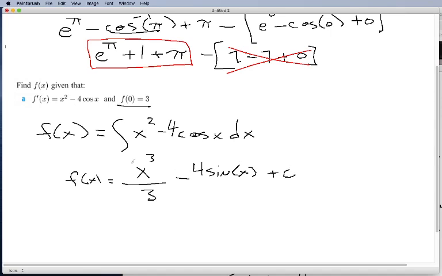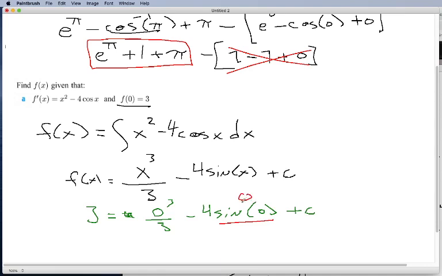We learned this. So you should make your f of x equal to the given value, 3 equals 0 cubed over 3 minus 4 sine of 0 plus c. Unit circle again. Sine of 0 is 0.